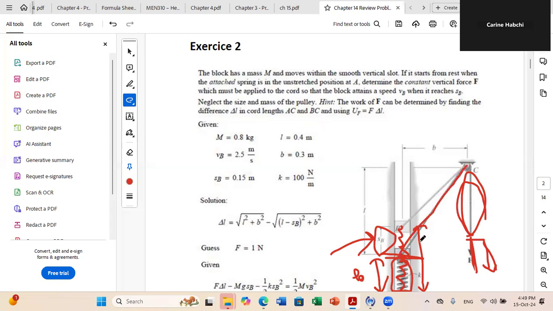So to get delta L here, you need to consider this length minus this one. The question was why AC minus BC and not the inverse? Because AC is larger than BC, and you are moving downward. So this length is increasing while this one is decreasing.